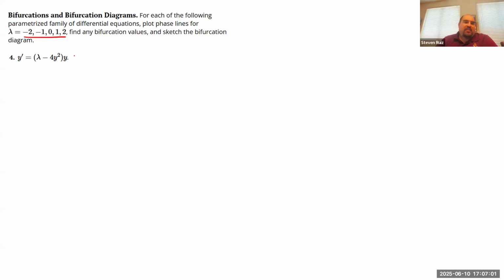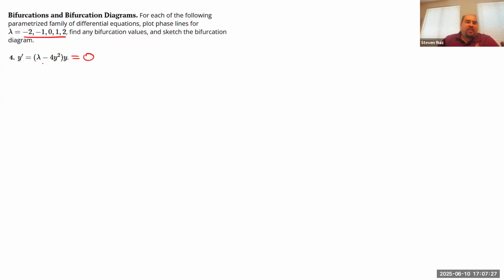The way we look for bifurcation values is, let's look at where this is equal to 0. So I think we're going to have an equilibrium condition at y equals 0. Well, let's not get ahead of myself.